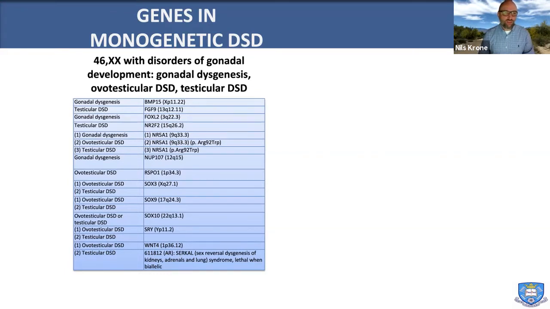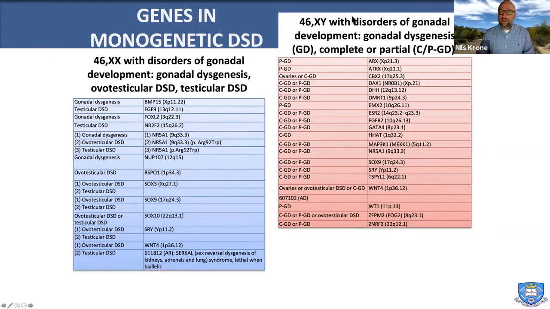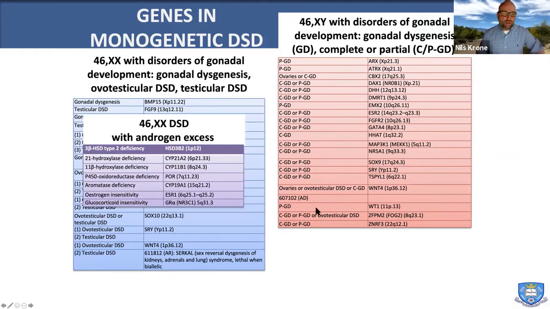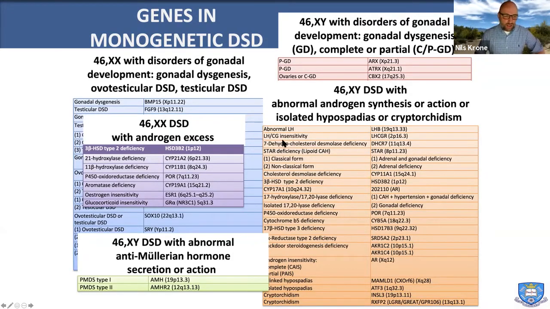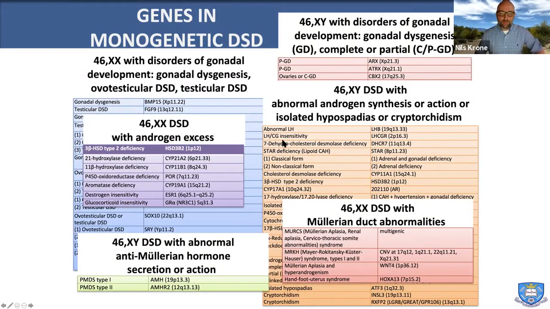As I said before, there's quite a few genes. So these are genes associated with 46XX DSD, then disorders of gonadal development or gonadal dysgenesis, with androgen excess, with abnormal androgen synthesis, as I said, I'm not going to go through it, with other bits and bobs, or Müllerian anomalies.